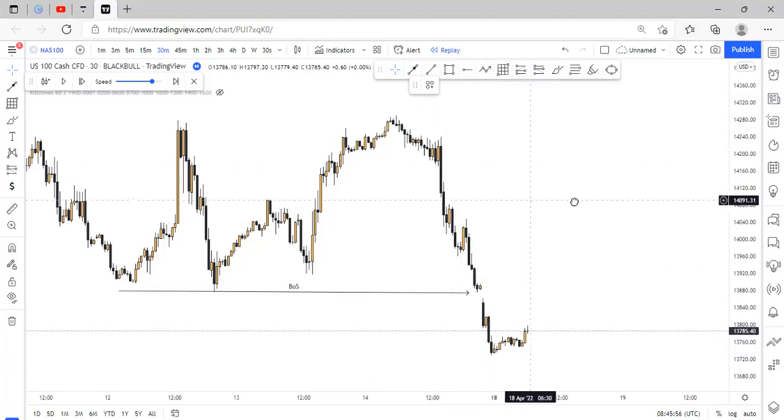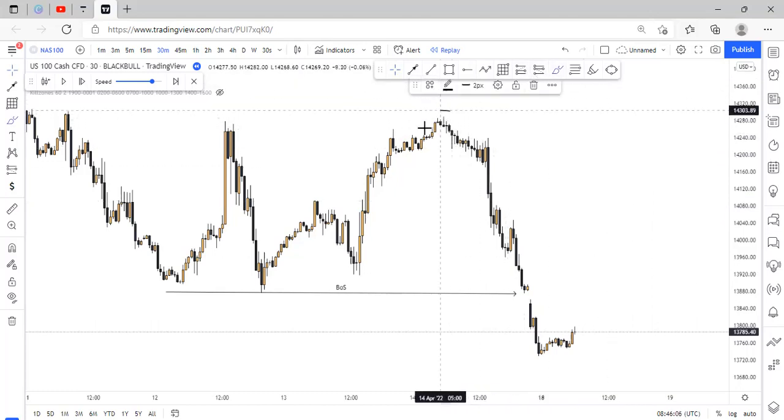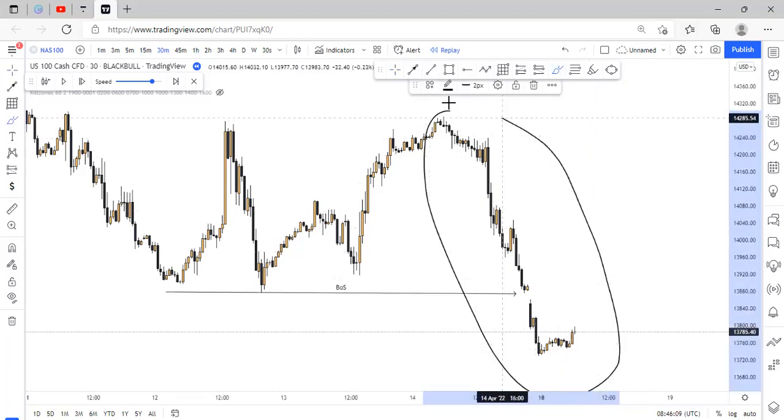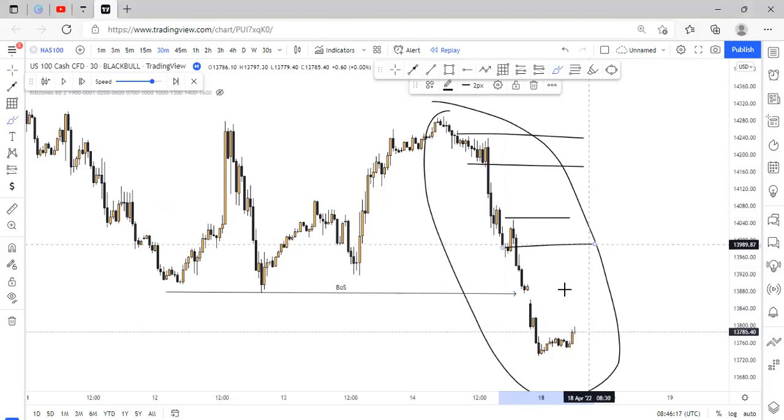Most times these supply zones and order block areas are always left unmitigated. As you can see from the leg of this sell right here, we have the supply zones that were left unmitigated.